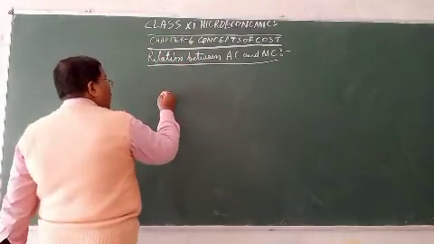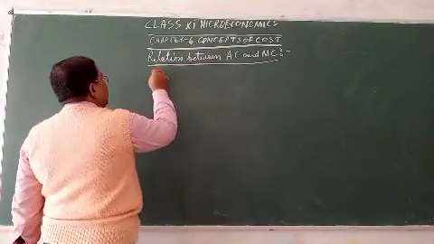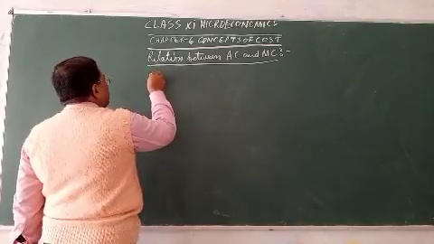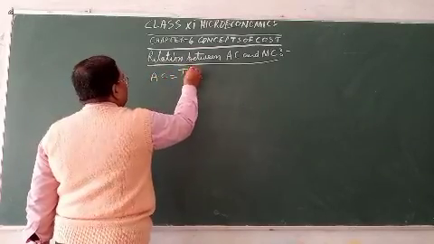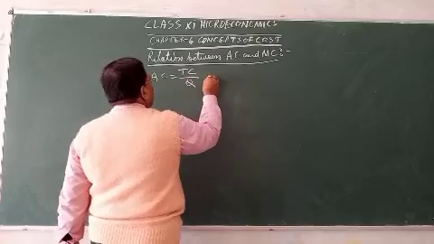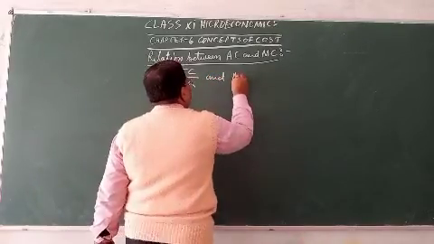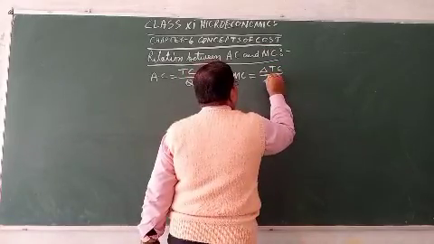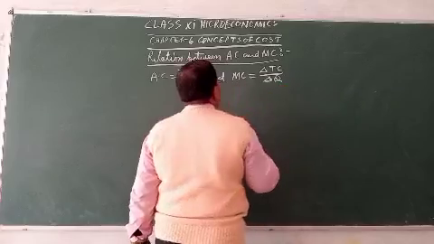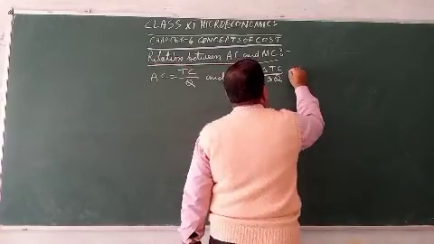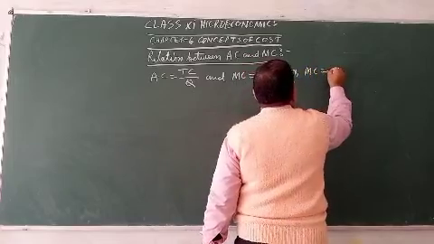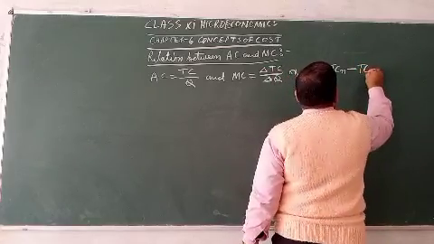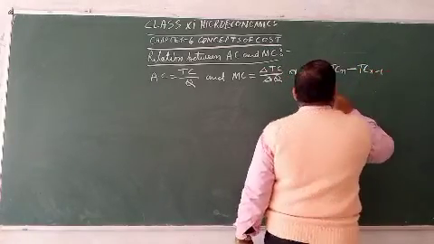Both the MC and AC are calculated from TC, that is AC equal to TC by Q and MC equal to delta TC by delta Q, or MC equal to TCn minus TCn minus 1.